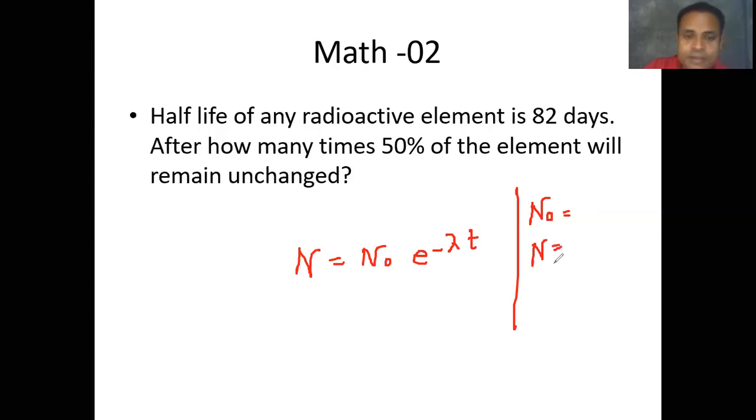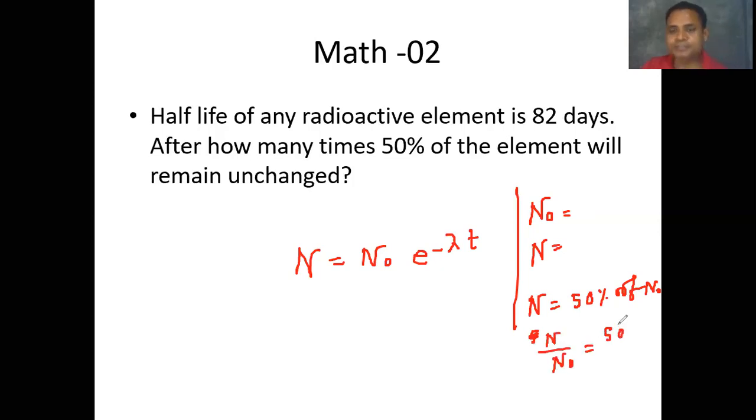So here N is equal to 50% of N naught, that is N by N naught equals 50 divided by 100.